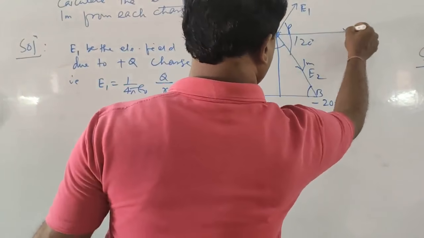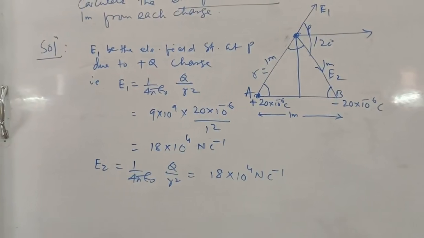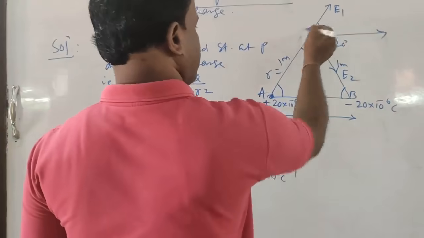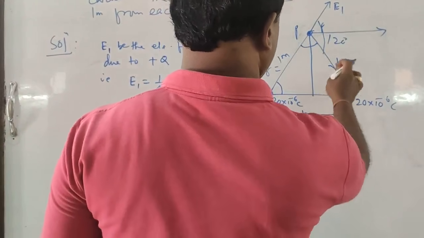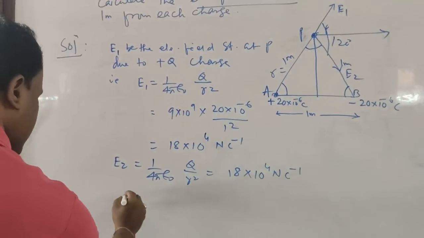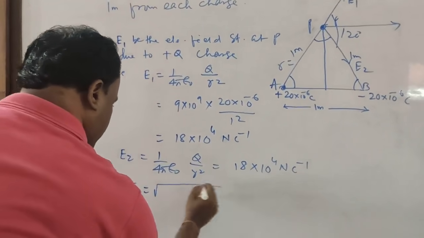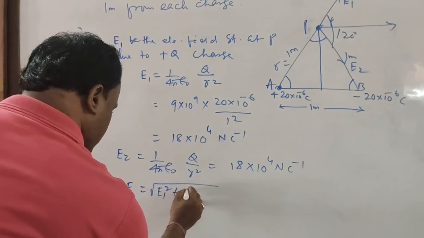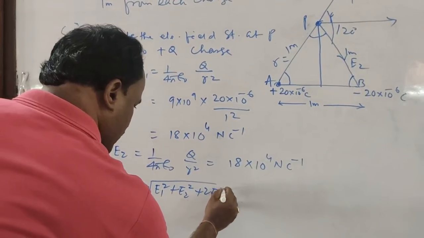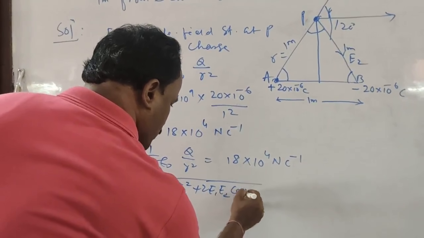120 degree. Therefore, by the superposition principle, the net electric field strength at the point P due to the two charges is given by E equal to root over of E1 square plus E2 square plus 2 E1 E2 cos 120 degree.